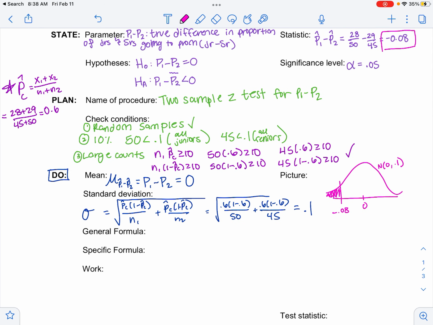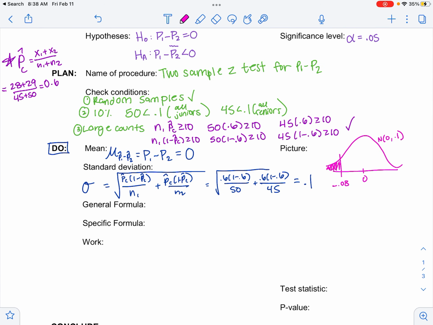Now for my general formula, everything here basically follows the same. Our general formula is test statistic equals statistic minus parameter over standard deviation.